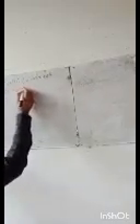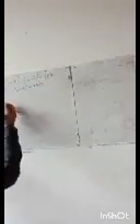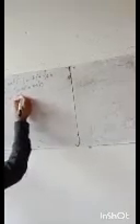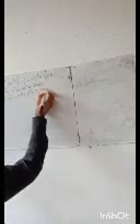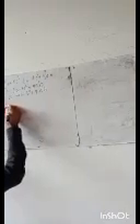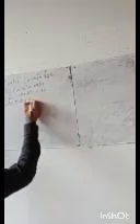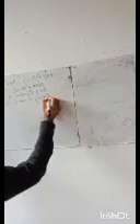Proof: right hand side, a minus b square plus 4ab is equal to a square minus 2ab plus b square plus 4ab, is equal to a square plus 2ab plus b square, is equal to a plus b square, equal to LHS.